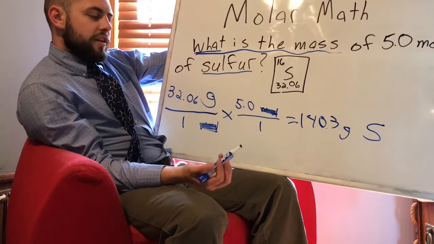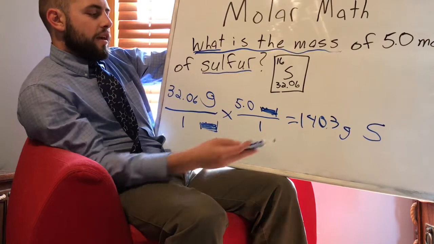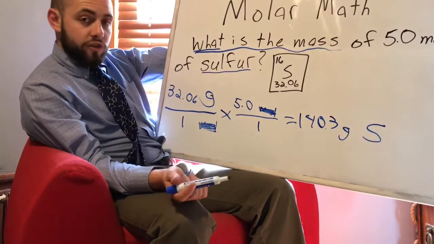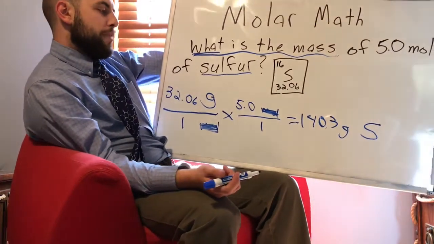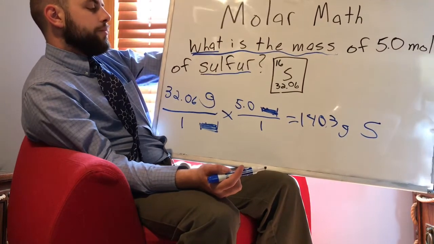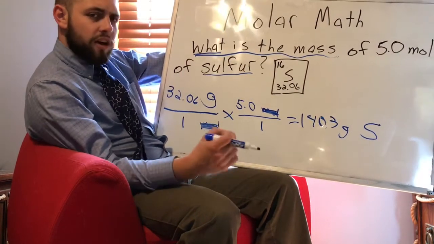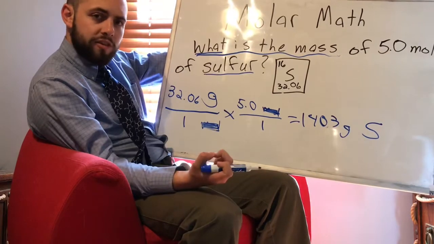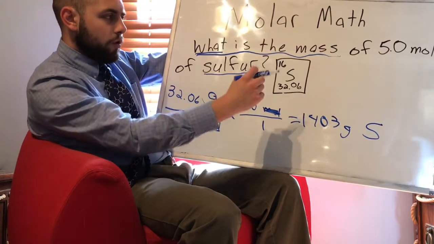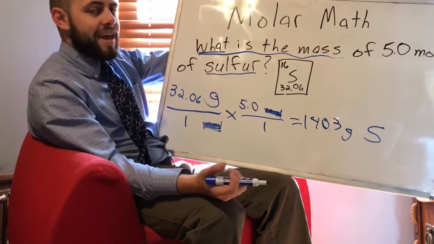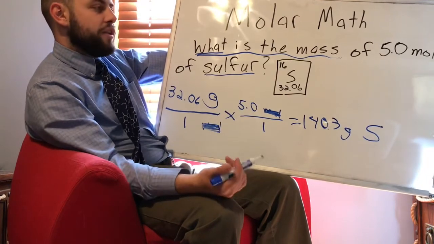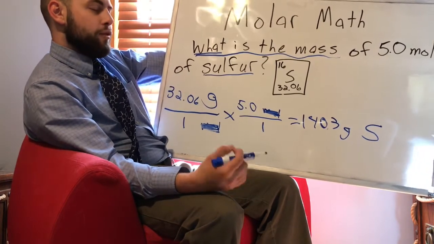So this is really nice for us. We can actually measure out 140 grams of sulfur if we had a balance or a scale. But counting all the individual atoms of sulfur to get up to 5 moles, that would take 10 lifetimes. It would not be doable by a human.